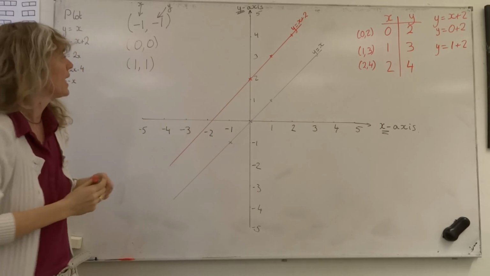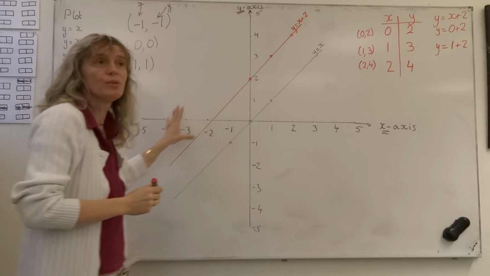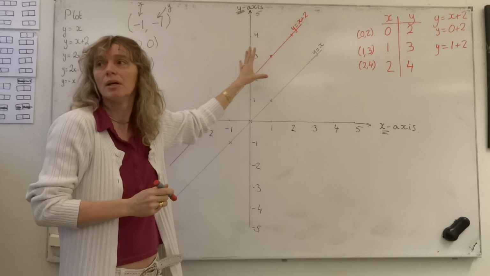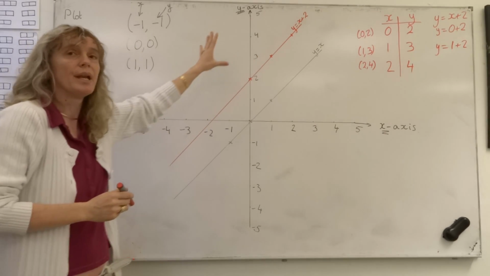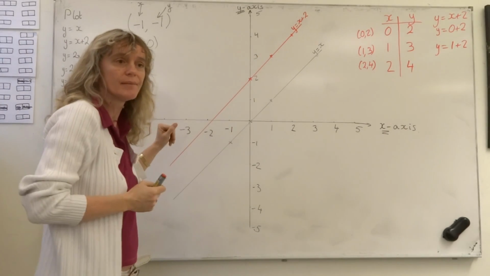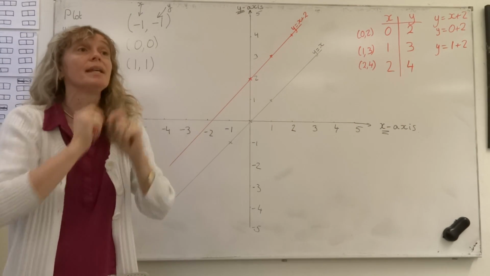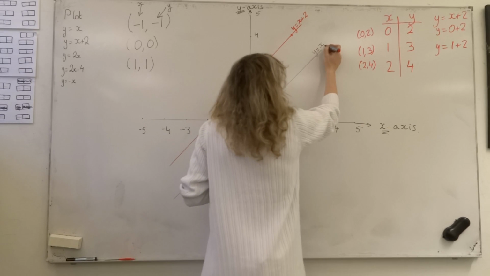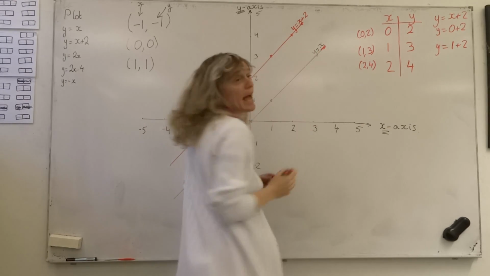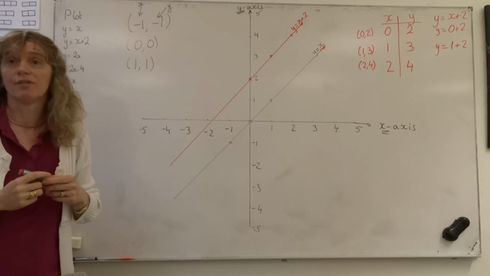What can we say about these lines? Do you notice something special about them? What do we call the name of the lines when they're like that? They're parallel. So these are 2 parallel lines. The reason that they are parallel is because they just have x in front of them.